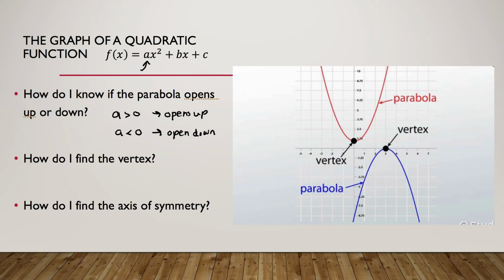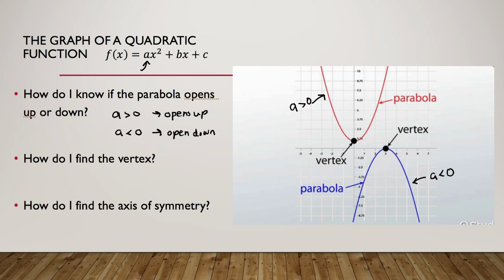By looking at our pictures, we know that this parabola had an a value that was greater than 0, so it led with a positive number. And this parabola had an a value that was negative, so less than 0.